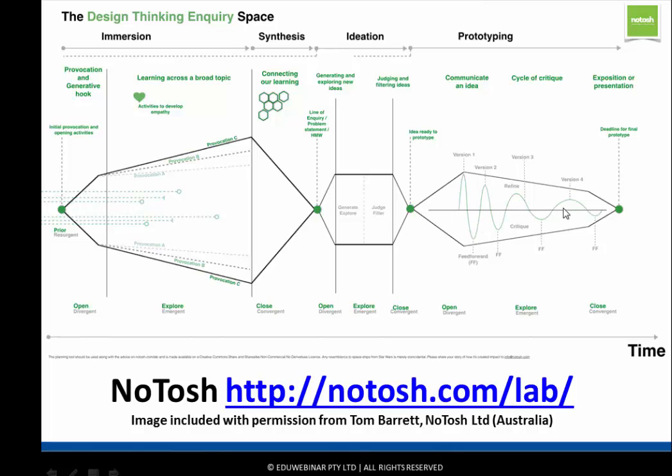Also consider that through this stage is when flipped learning can happen, where the student is sharing and you're providing, and that may happen in a combination of both outside of class and in class, and then evaluation coming through to the end. So the design thinking is evident through the inquiry process.